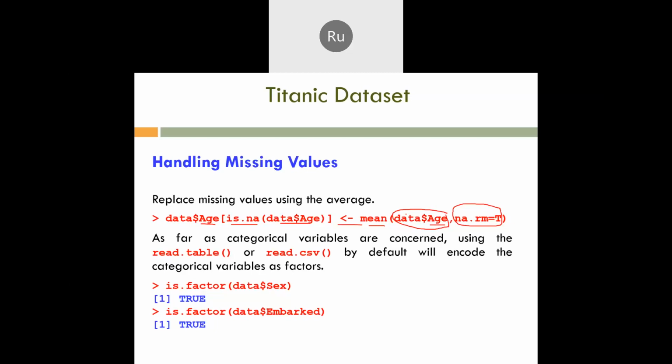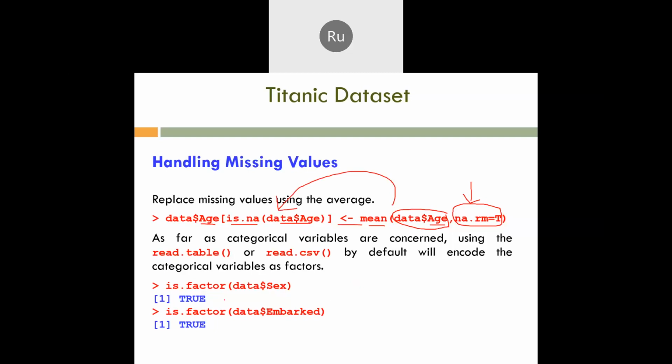So I'm not looking at the total number of rows that include a missing value. So this one will take the mean average to replace all the NA values.